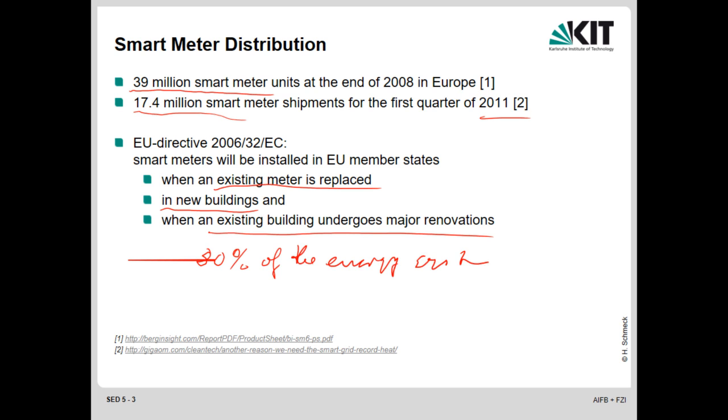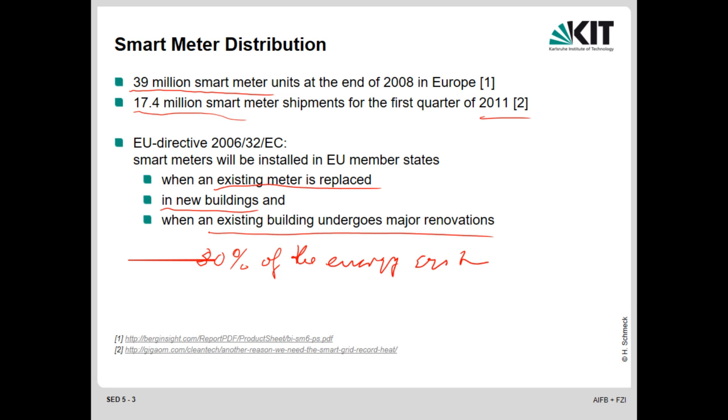It says that every building or every end consumer consuming more than 6,000 kilowatt hours per year must install a smart meter. The reason for that is that 80% of the energy consumption is from houses, from end consumers, who consume more than 6,000 kilowatt hours per year.